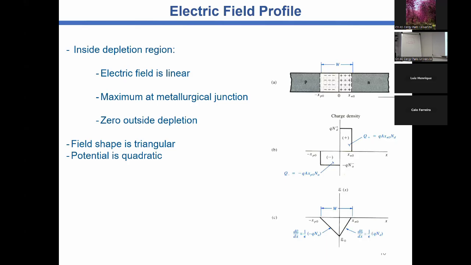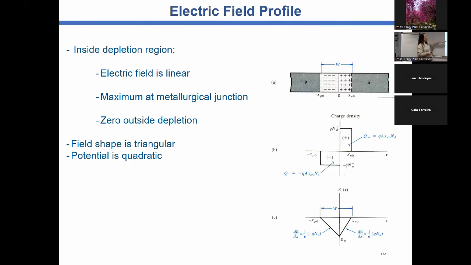So in terms of electrical field, we have this difference in the position, and we have the highest electrical field in the metallurgical junction. The metallurgical junction means the point where we have, in terms of space, the exact point of the junction. So we have this linear distribution of the electrical field, but in opposite direction because of the difference in the charge.